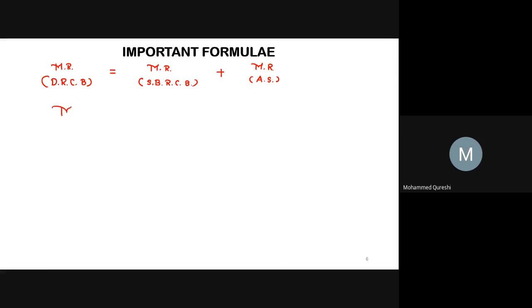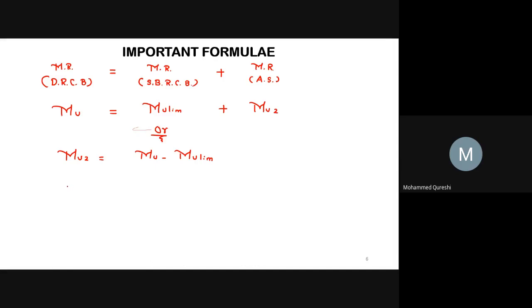Hence, we may say that Mu equals to Mu limit plus Mu2, or we may say that Mu2 equals to Mu minus Mu limit.